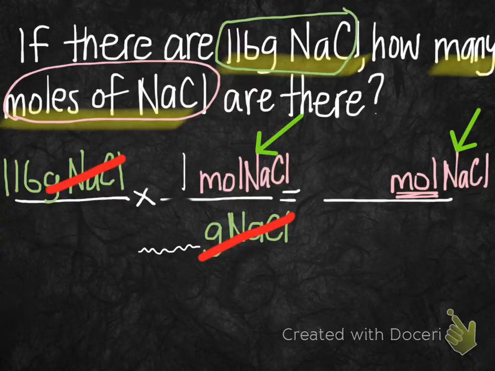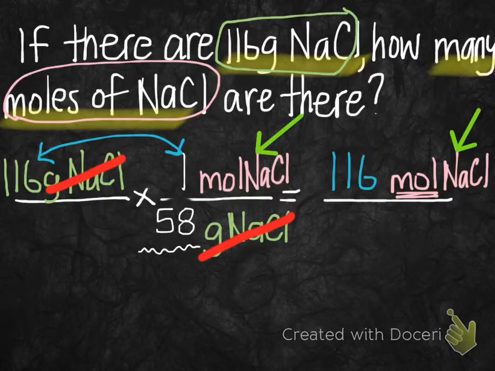Let's put 58 grams into our last empty spot. Now we're ready to do some of the math. The way we're going to do this is multiply everything on top. So 116 times 1, giving us 116.